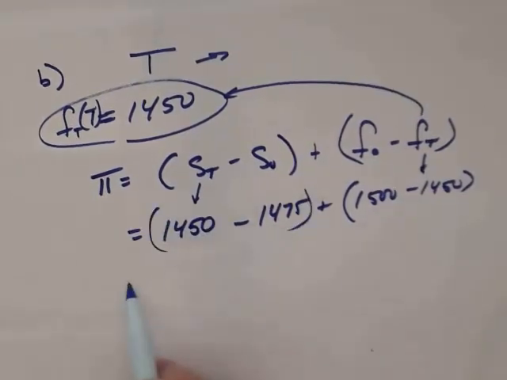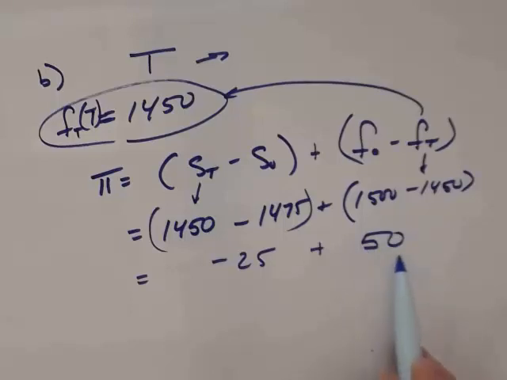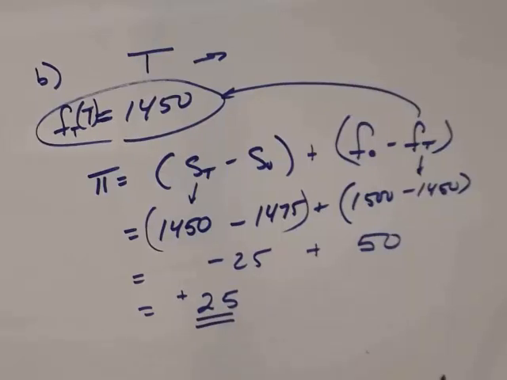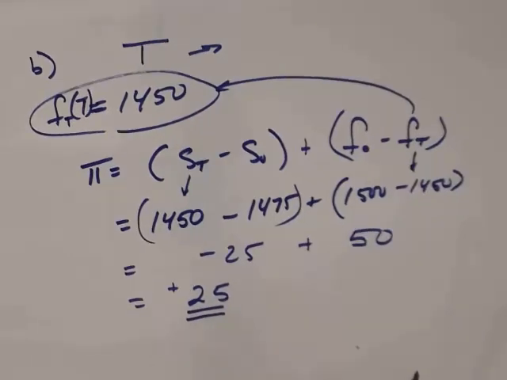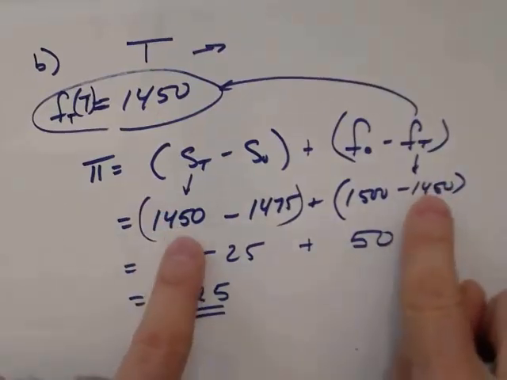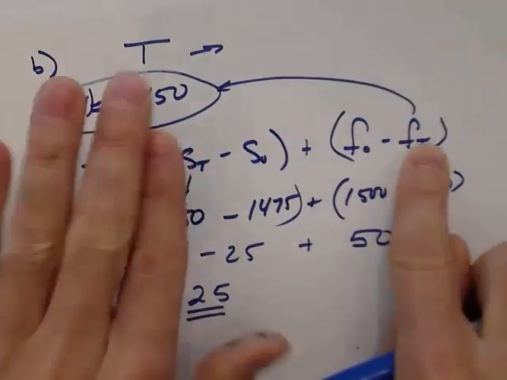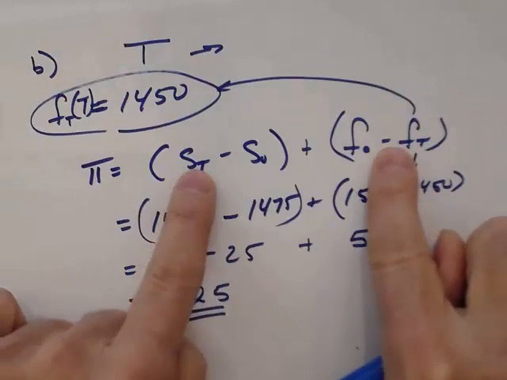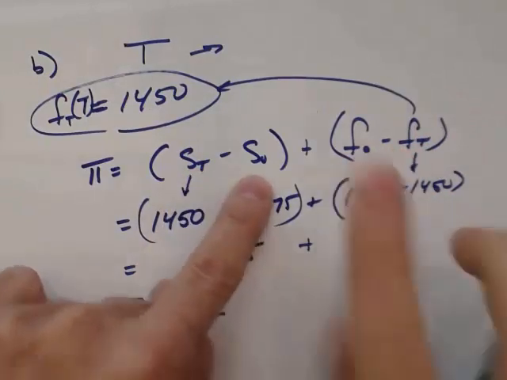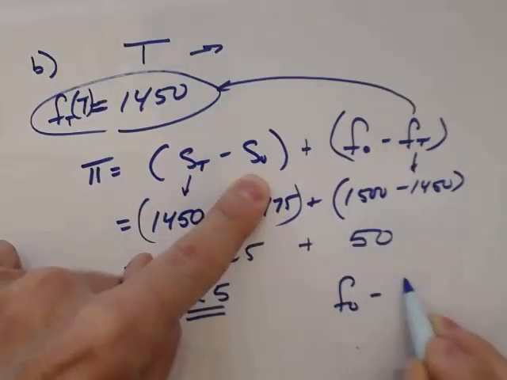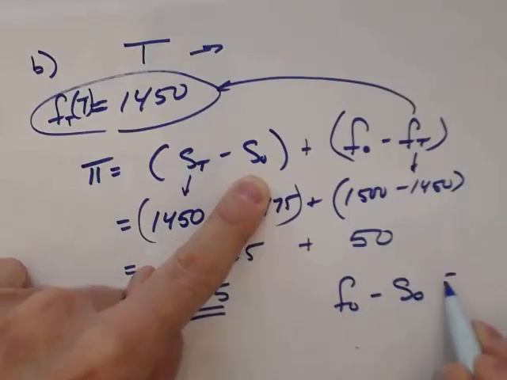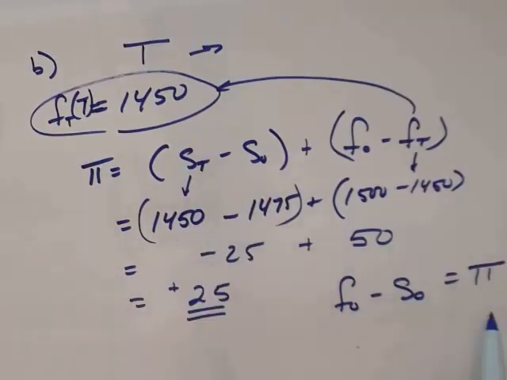Well, if that's the case, then we lose 25 on our inventory, but we should make some of it up. And it looks like we're making up even more of it through the futures contracts. And then we get positive $25 for profit. Okay? And so since these two numbers offset, because this is a negative and this is a positive, it all boils down to F0 minus S0 is your profit when you hold till expiration.